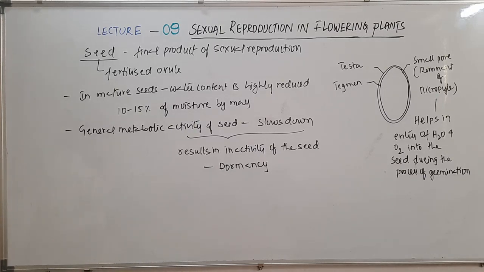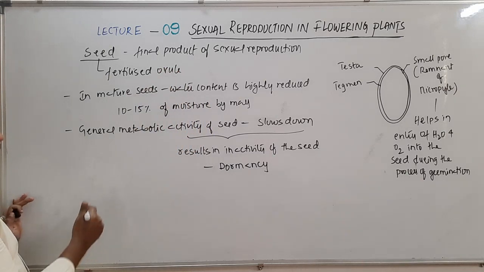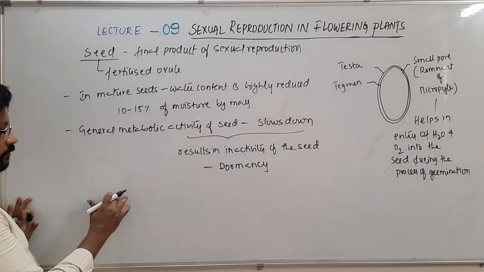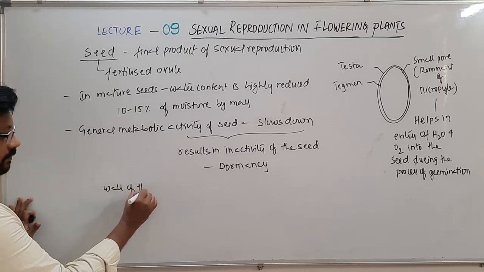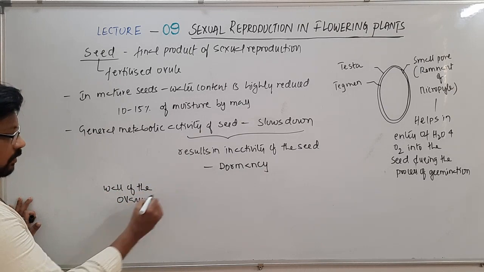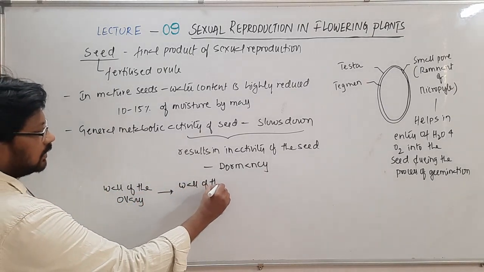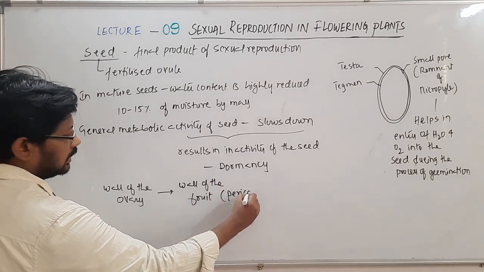And now, as I said, while the ovule is transforming into seed, the ovary will develop into the fruit. The wall of the ovary is going to become the wall of the fruit, and that is called the pericarp.